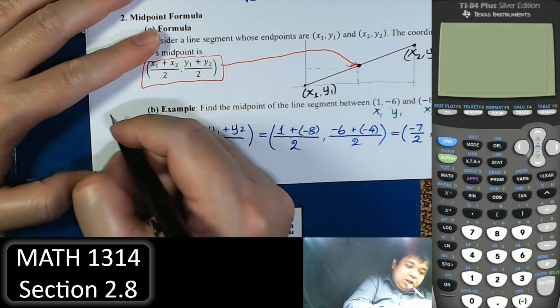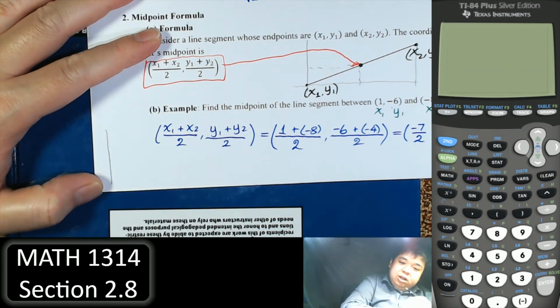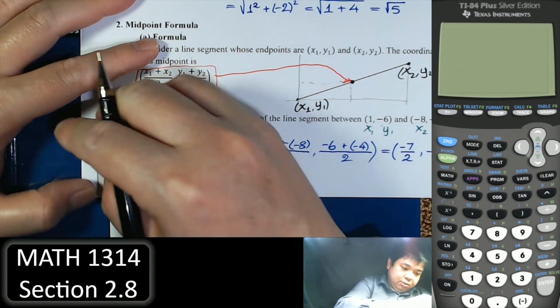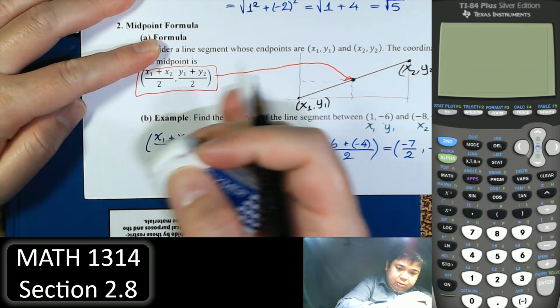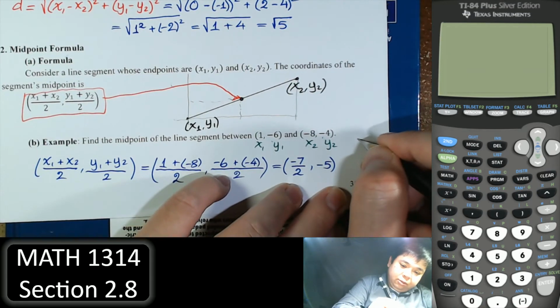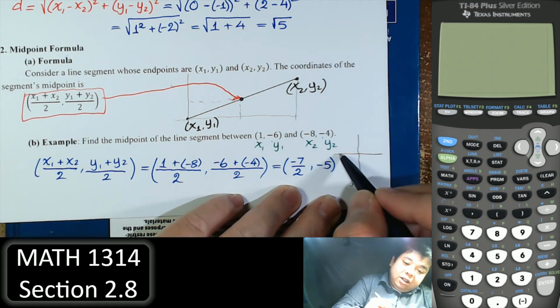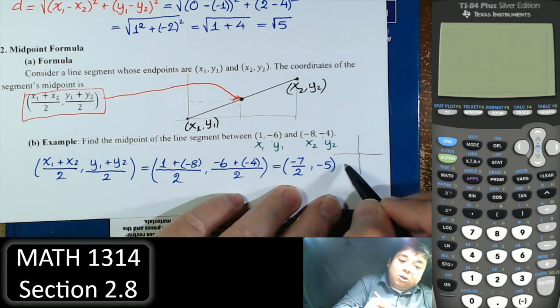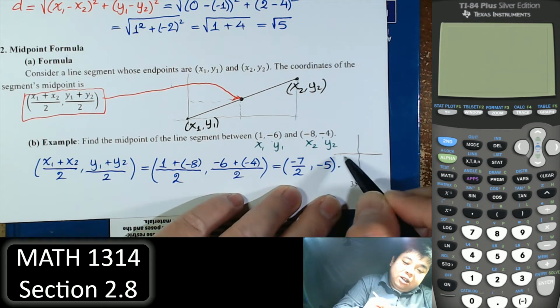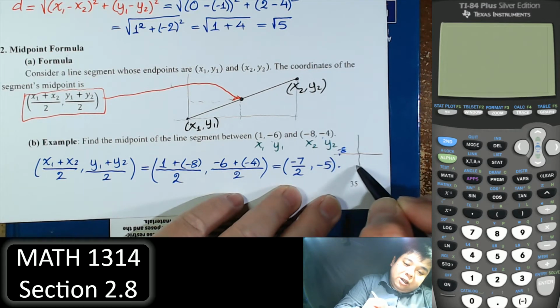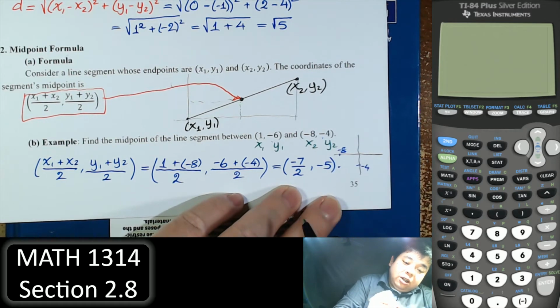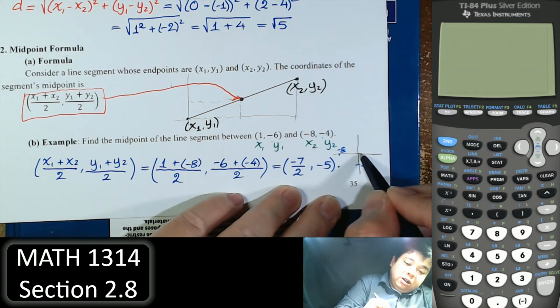So we can just sketch this: negative 8 and negative 4, and then 1 and negative 6.